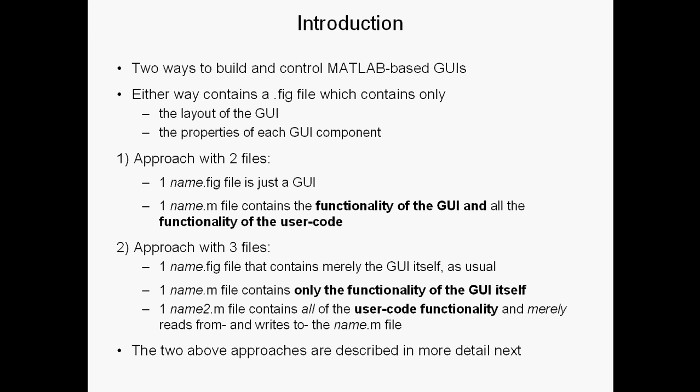Another file with the same name but the M extension will contain only the functionality of the GUI itself, while in the third file, which is that one extra file that we here provisionally called name2.m, all the user code functionality will be contained in it, while the file will merely read from or write to the name.m file. This is just a general concept of what is going to be presented, and each of the above two approaches is described in more detail next.